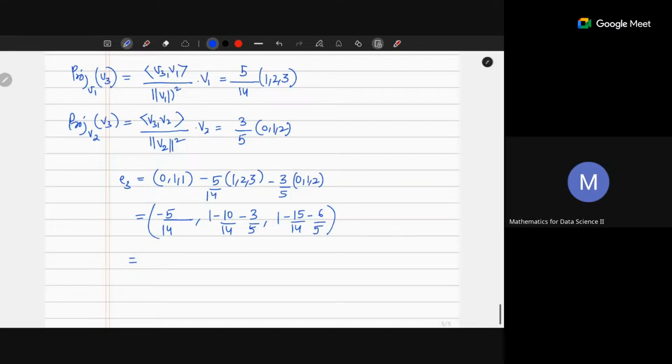Okay. Has anyone solved it before me? Can you tell me the answer? We can simplify this. 5 by 7, 25, 7, 25, right. 7, 21, 1.